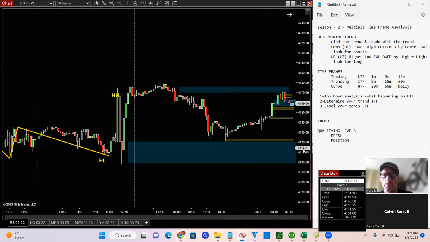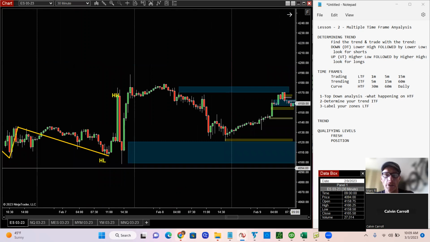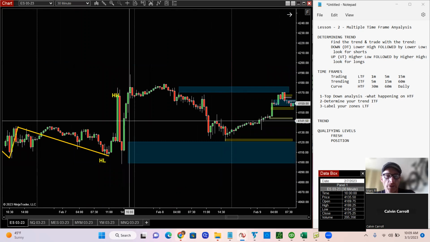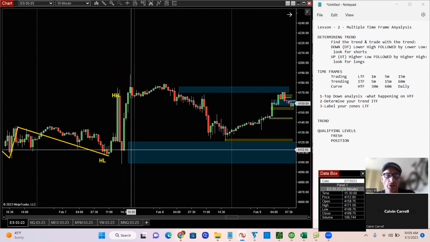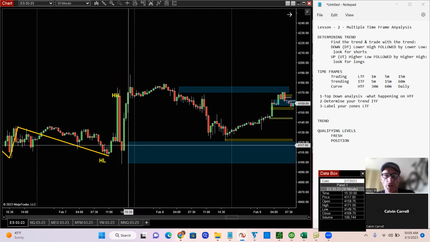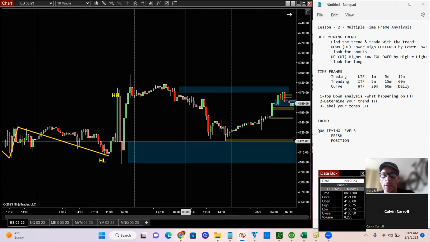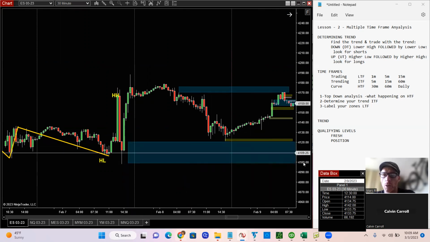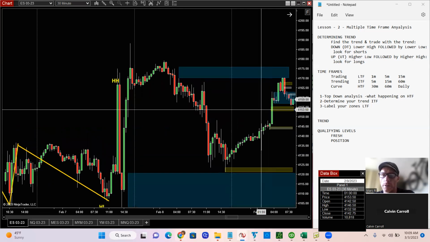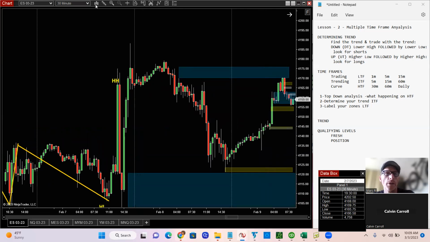So we just want context where those levels are. Okay. Whether this is a level that you would consider taking or you'd like the structure of it, again, also another story. And we're not talking about trading 30-minute levels at the moment, so that's not overly important at the moment.